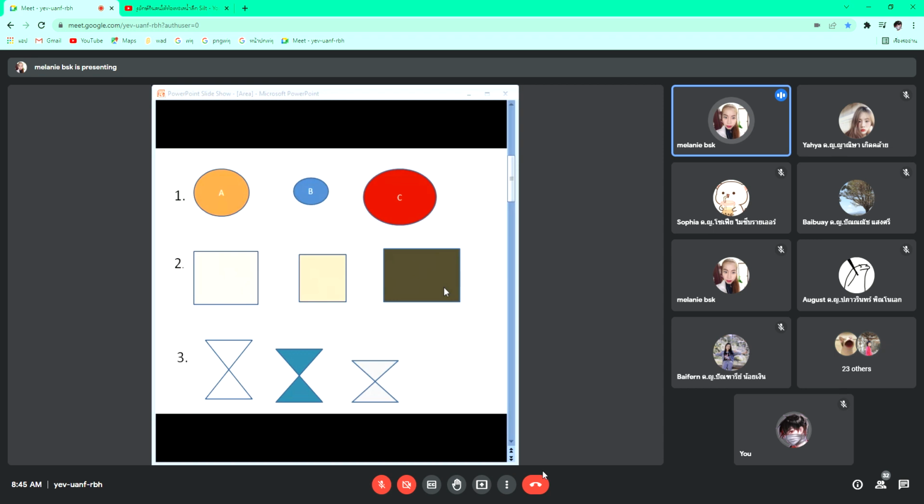A, B, or C? Which letter? I'm so sorry. We have here A, B, C. B. B, the smallest area. How about the biggest area? C. Okay, C.